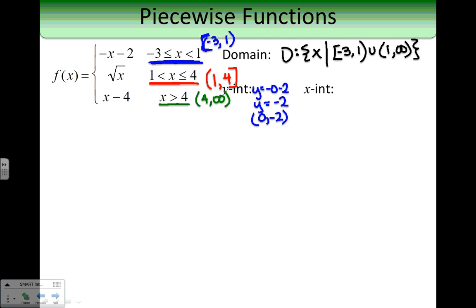Our x-intercept, or intercepts, you can have more than one. We're going to plug in 0 for y. So we're plugging that into the f of x. So for all 3 of those different functions, we're going to plug in 0 for y. So 0 equals -x minus 2, 0 equals the square root of x, or 0 equals x minus 4.